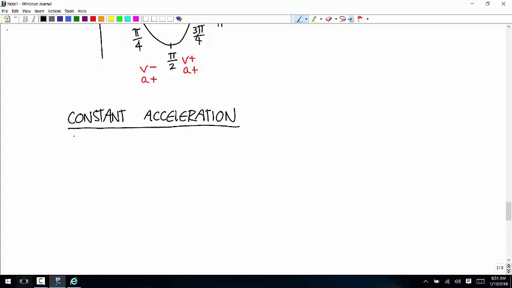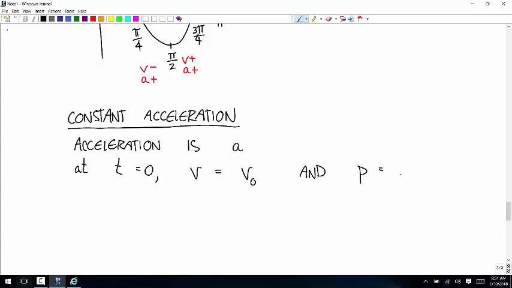So we're going to assume that acceleration is the constant lowercase a, and we're going to say that at time equals 0, velocity is equal to the constant v sub 0, and position is equal to the position p sub 0.